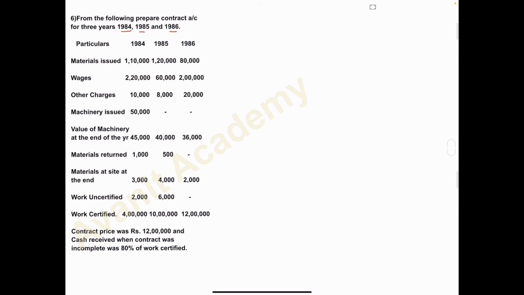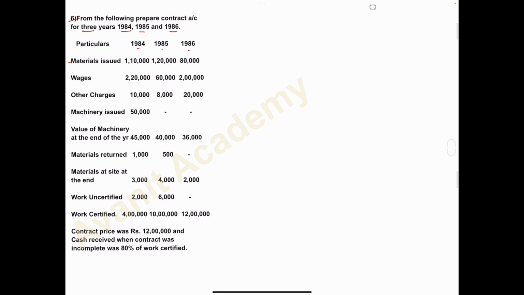So I'll read out the problem. Problem number 6. From the following, prepare contract account for 3 years, that is 1984, 1985, and 1986. So they have given information related to these 3 years. Particulars 1984, 1985, and 1986. We'll see what information they have given.